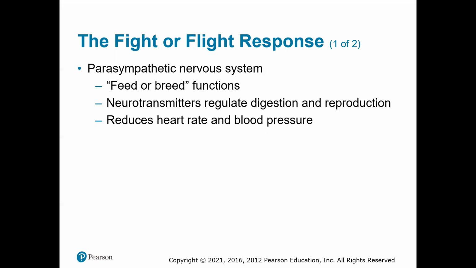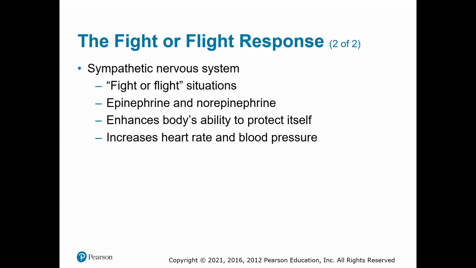So the parasympathetic is the relax, and the sympathetic, the opposite of that, is the fight or flight. This is why women will have the miscarriage. This is the energy.